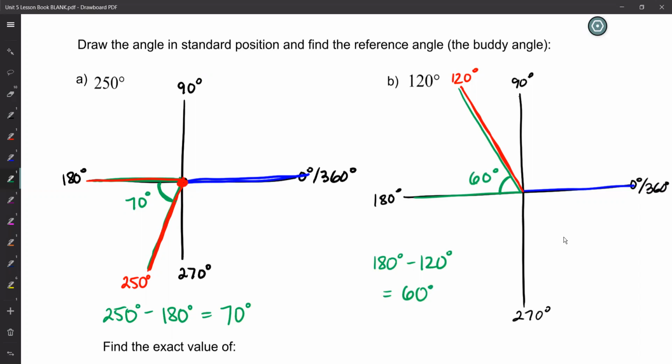So this should be a no calculator thing where we should not have to use our calculator for this at all. And I'm going to ask you on your test, if you don't use your calculator, you'll have to just use the triangle, or you'll need to show me enough evidence that you know where this comes from.